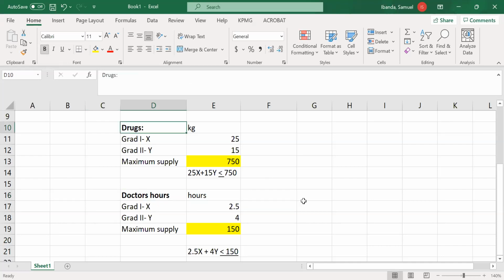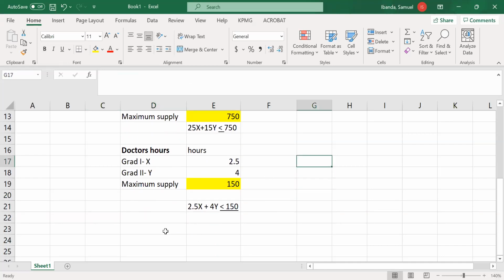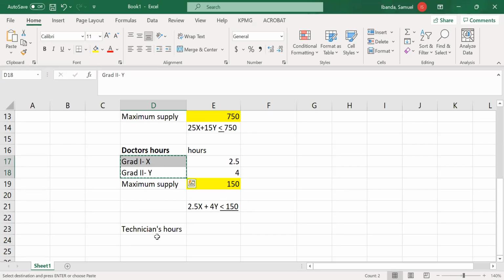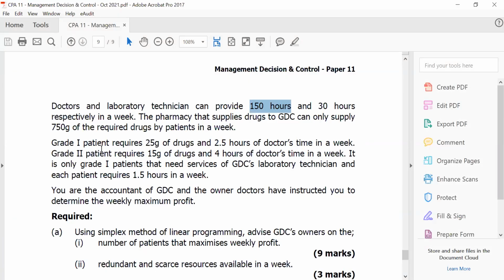The next thing I'm going to look at is the technician's hours. Let's see grade 1 and grade 2. When it comes to the technician's hours, they have told us that one grade does not require the services of a technician. They are telling us that it is only grade 1 that needs the services of a laboratory technician, and each patient requires 1.5 hours in a week.